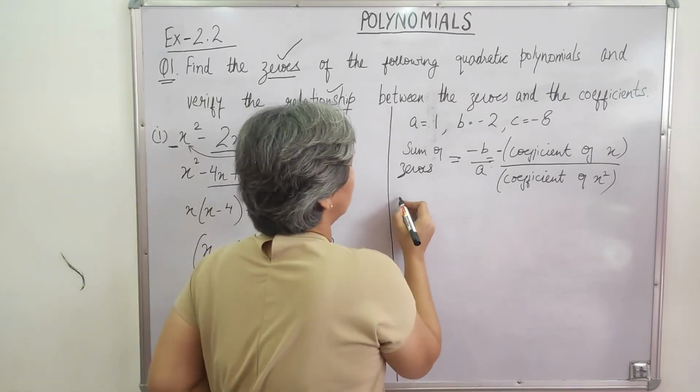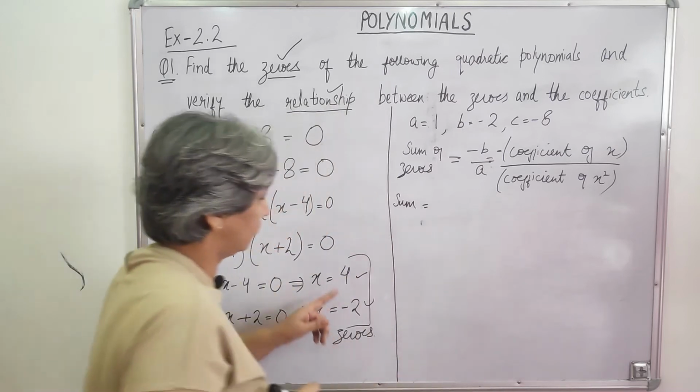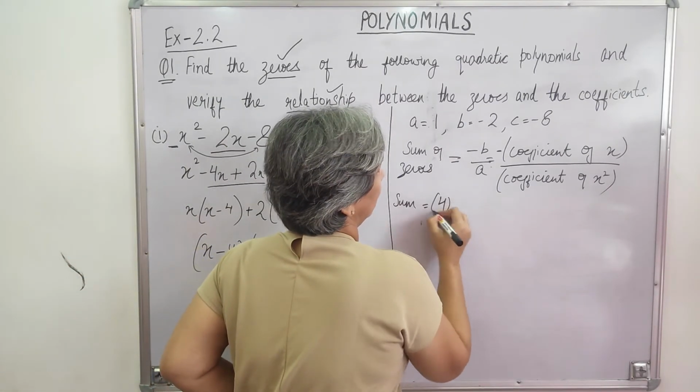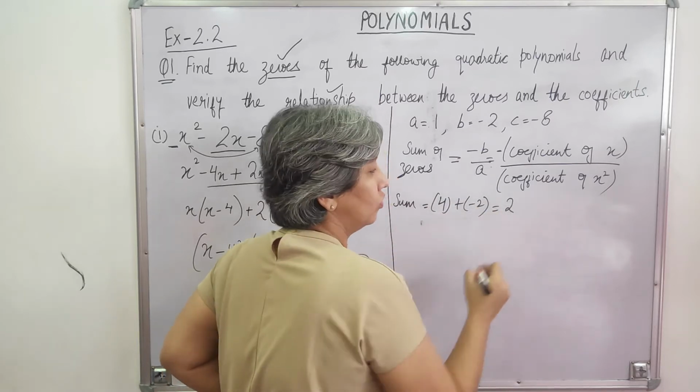So let's find out the sum of these zeros, 4 and minus 2. This will be 2.